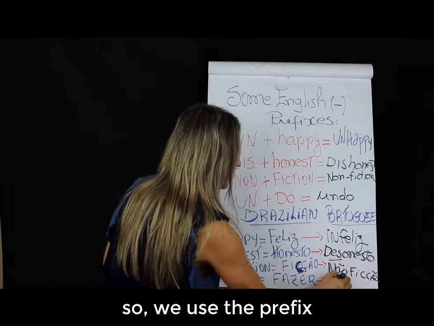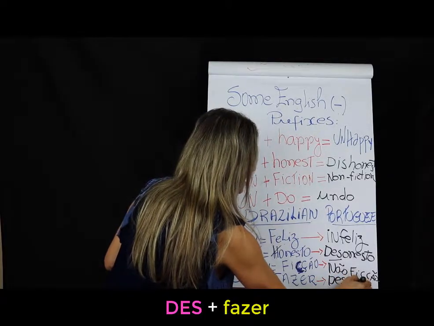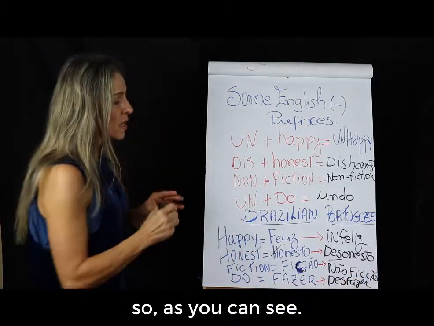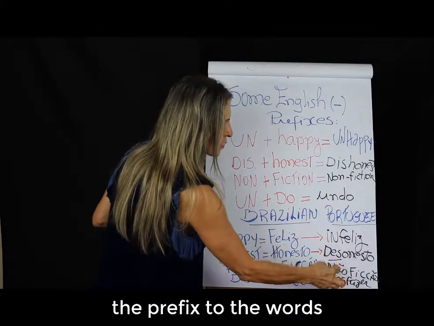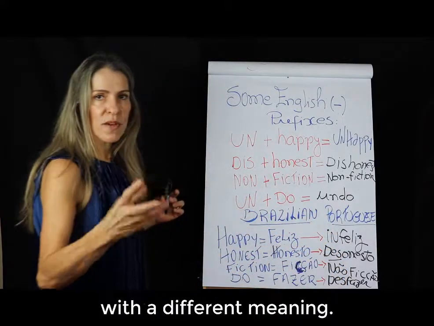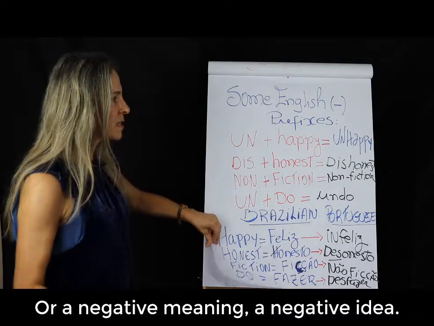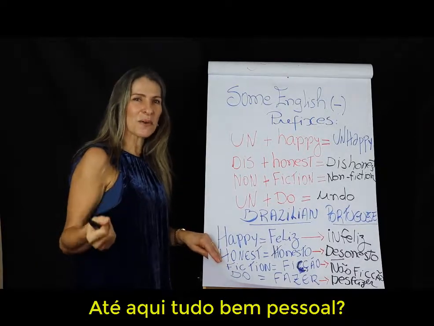So we use the prefix des plus the verb fazer. So we have desfazer. So as you can see, we join, okay, we add the prefix to the words and we have another word with a different meaning or a negative meaning, a negative idea. Let's continue. So far so good? Até aqui tudo bem, pessoal?